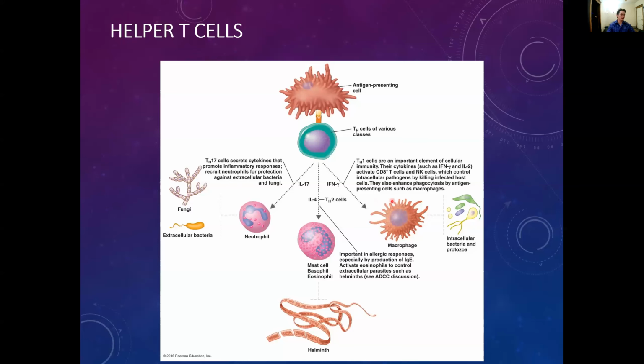And then finally, on this side of the diagram, on the right-hand side, we have cytokines produced by TH1 cells, which activate mostly elements related to the important elements of cellular immunity, such as delayed type hypersensitivity, and are also responsible for the activation of macrophages.